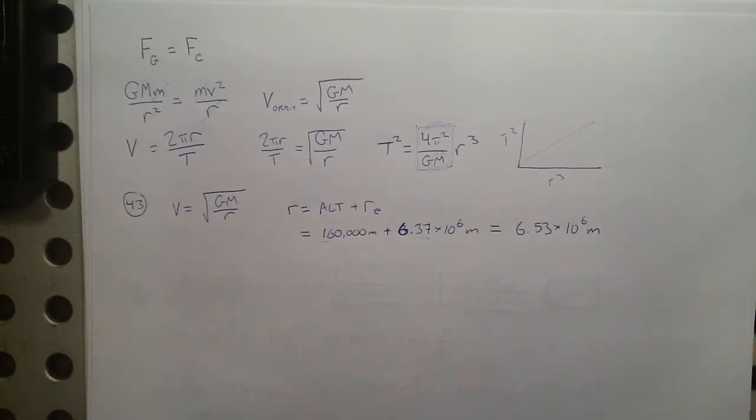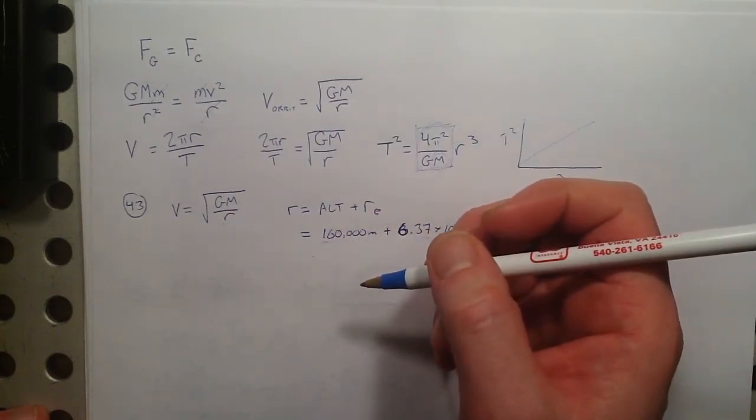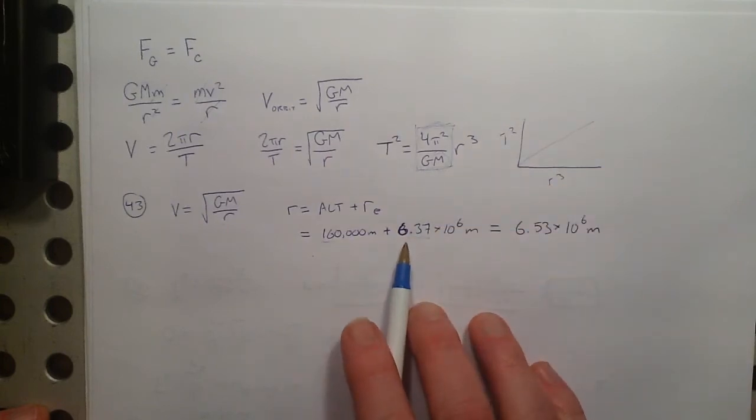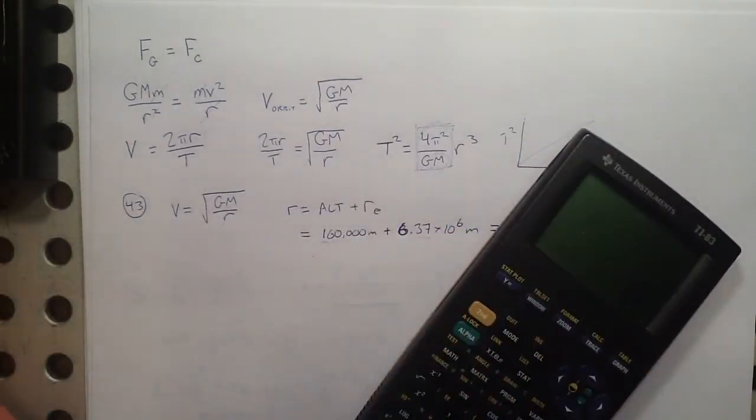So that's my r. And then the mass of the Earth. I'm trying to remember these things off the top of my head, and I might have to look that up. If you haven't found this yet, there's an appendix in the back of your book, Appendix C, called Some Astronomical Data.